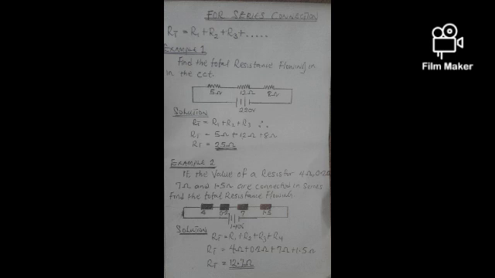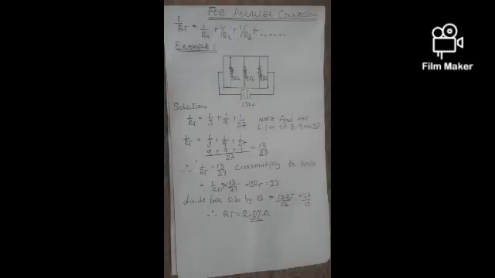Now the next slide is going to be the parallel circuit. We have 1 over RT is equal to 1 over R1 plus 1 over R2 plus 1 over R3. You can see it's connected side by side. You have the values given, and what you need to do is find the LCM. When you are finding the LCM, you write out all the denominators and find the LCM, normal calculation, because some of you add everything together and put it as the LCM.